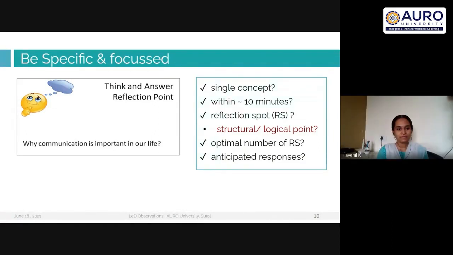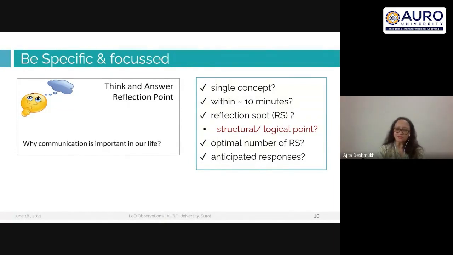It would be nice if you could think of how you could rephrase even this question to make it more specific. Santani ma'am, please do let us know and think about how you could make it more specific so that it would fit in and add that engagement point to the script.